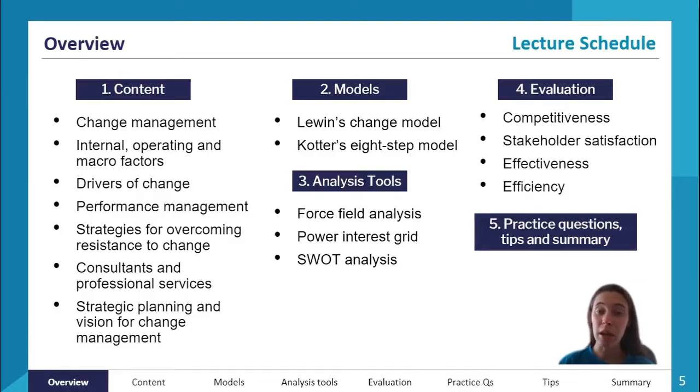Some of these you may already be familiar with, like our SWOT analysis, and some of them may be a little bit newer. Then we'll look at evaluation criteria. We've got those 4 evaluation criteria that you need to know, and you will have hopefully done already throughout year 12 and year 11, and we'll finish off with some practice questions and some tips as well. Okay, let's get started.